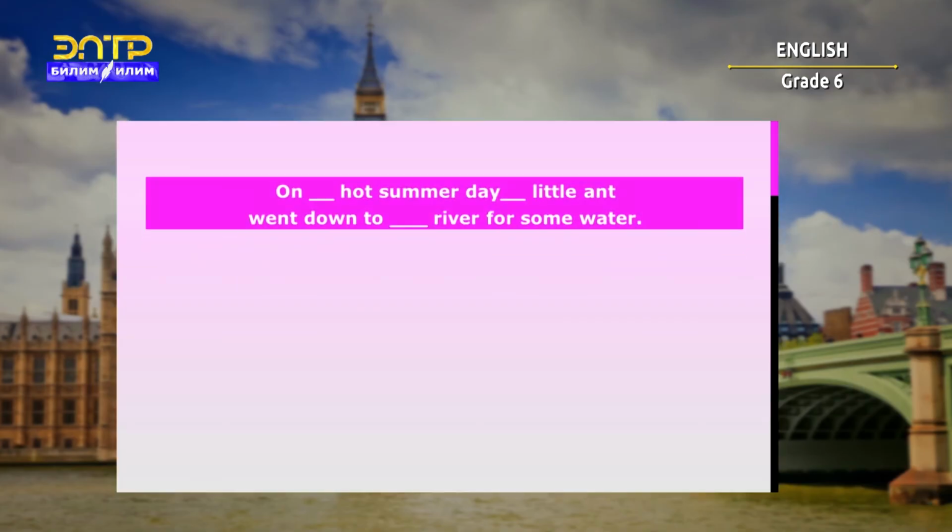As I mentioned earlier, we will do the following exercise. In this task, you should complete the sentences with a, the, or zero articles. So take a copybook and pen and get ready to do the task.